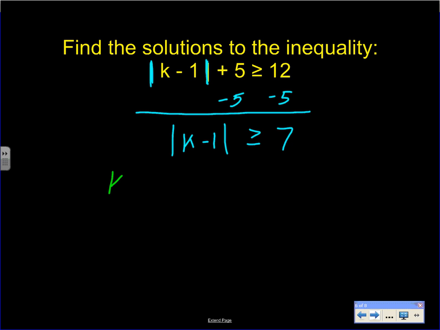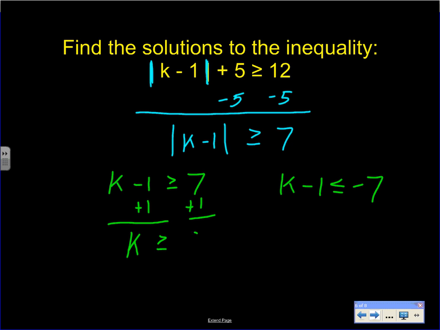First off, rewrite it without the absolute value. Rewrite it, flipping the inequality, changing the number after the inequality to a negative. And solve. Add 1 to both sides of the inequality. So K is greater than or equal to 8.